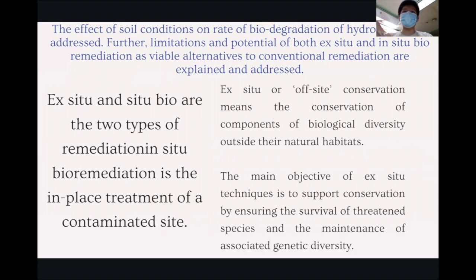Off-site is normally external, outside of our park. It means the conservation of components of biological diversity outside their natural habitat. The main objective of ex situ techniques is to support conservation by ensuring the survival of threatened species and the maintenance of associated genetic diversity.